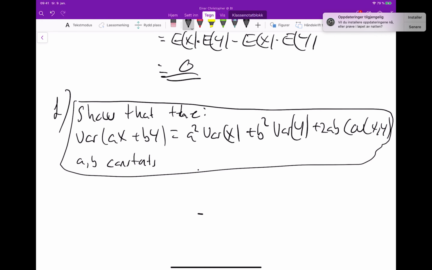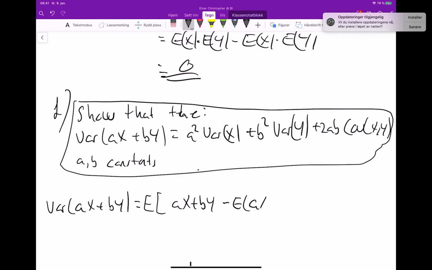So then we know that the variance of ax plus by is equal to the expectation of this something we take variance of, which is ax plus by, minus the expectation of ax plus by, and then everything to the power of 2.